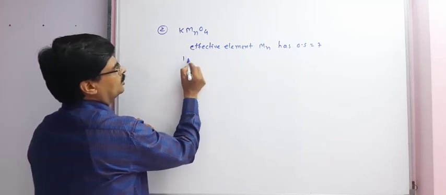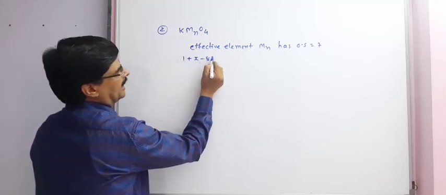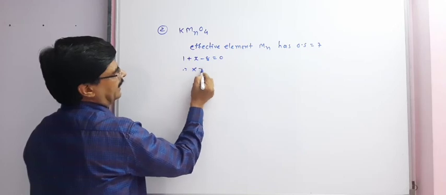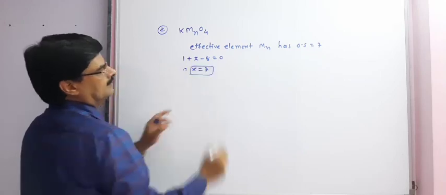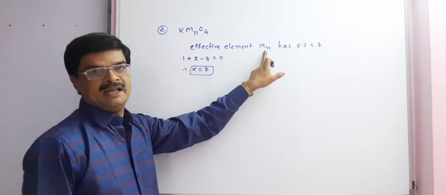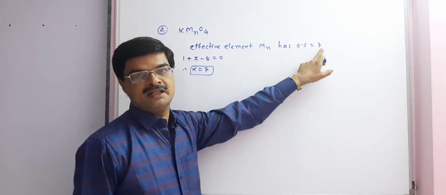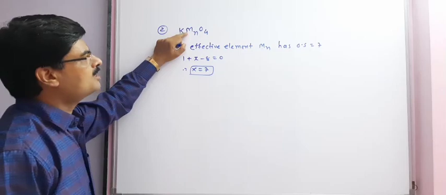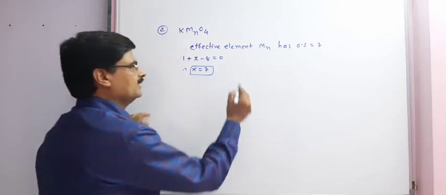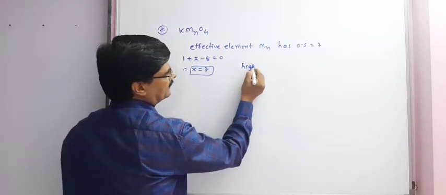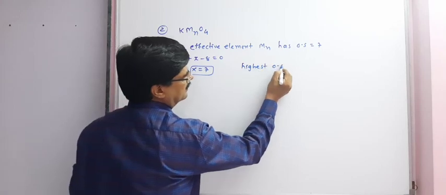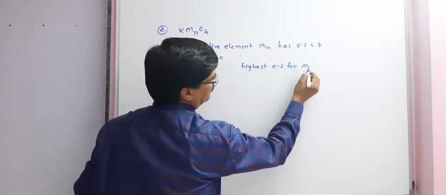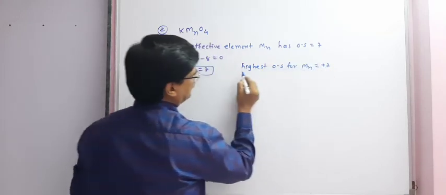Taking 1 for K, Mn x, minus 8 is equal to 0, x is equal to 7. So the effective element Mn has oxidation state 7. As we know, the highest oxidation state for Mn is plus 7.